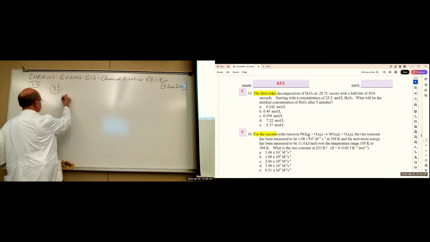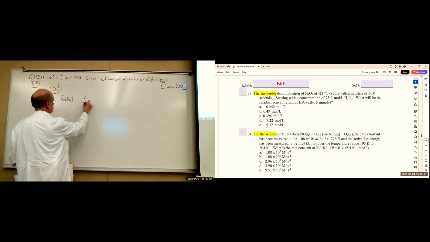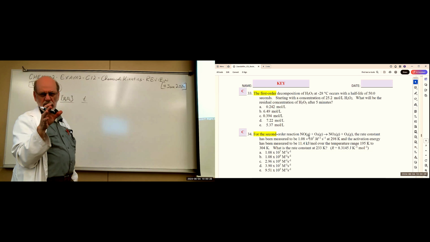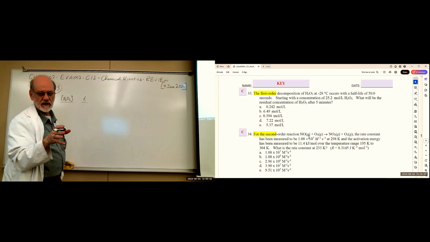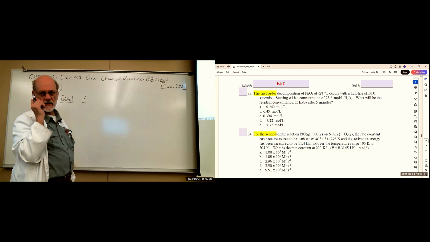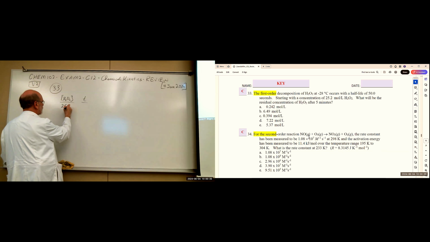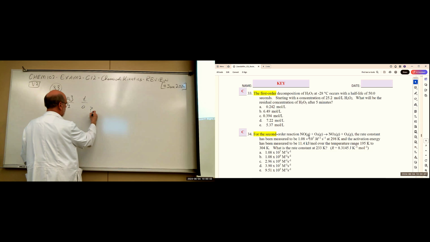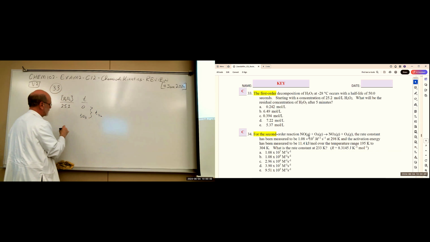H2O2 concentration, and then time. So first half-life of 50 seconds, starting with a concentration of 25.2. 25.2 at time 0. And then after 50 seconds, that's the first half-life. We should have what?